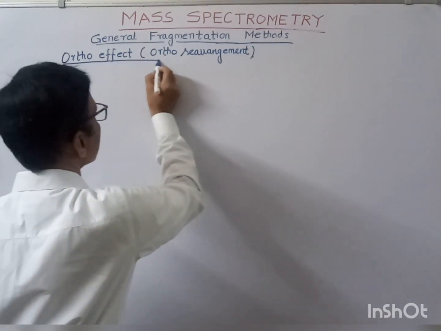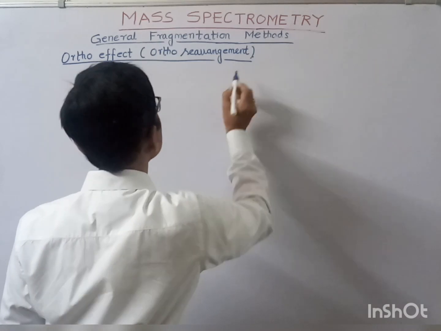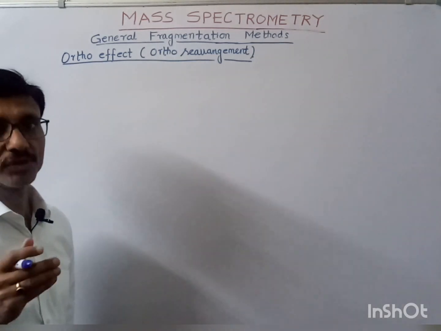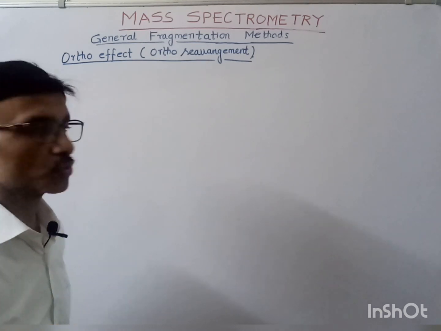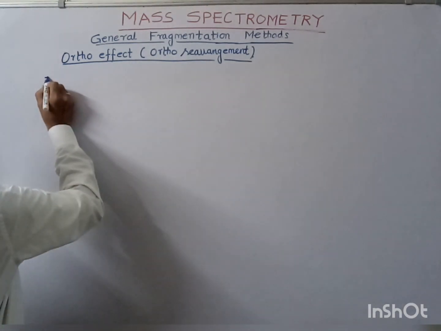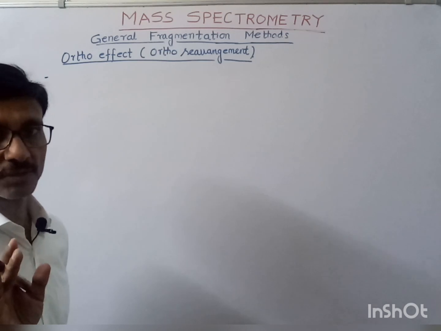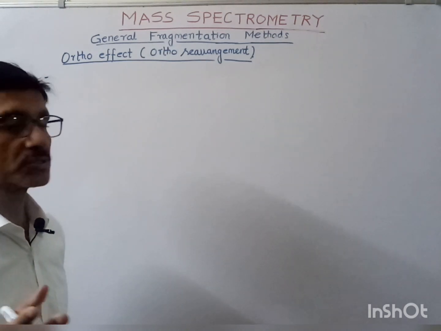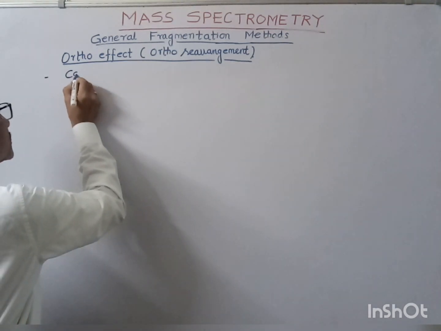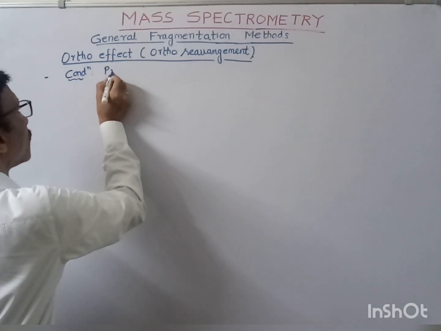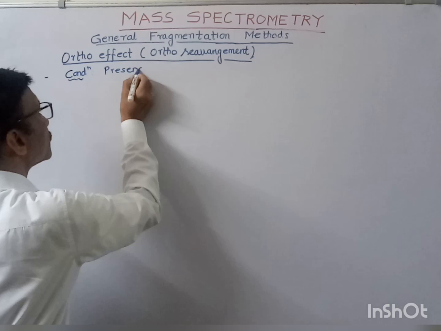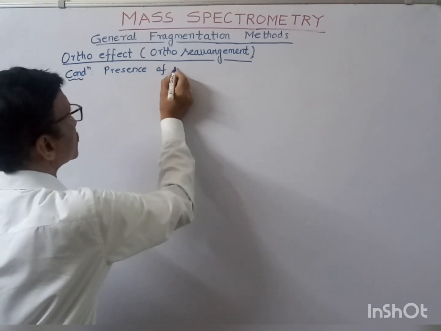In some molecules the fragmentation takes place by ortho rearrangement. One of the main conditions required for this ortho rearrangement is the presence of ortho hydrogen in aromatic compounds. So the condition is the presence of ortho hydrogen.